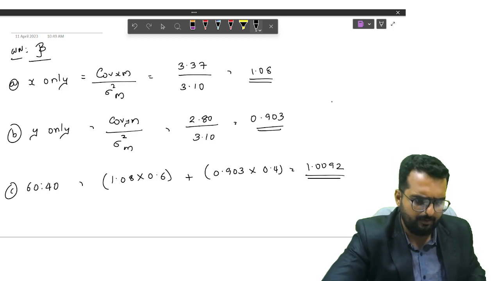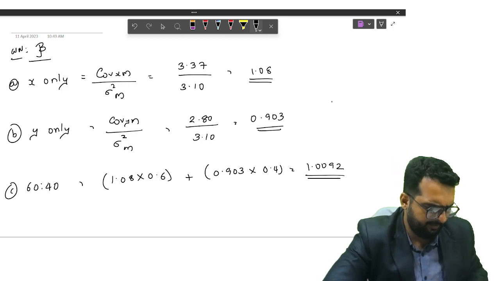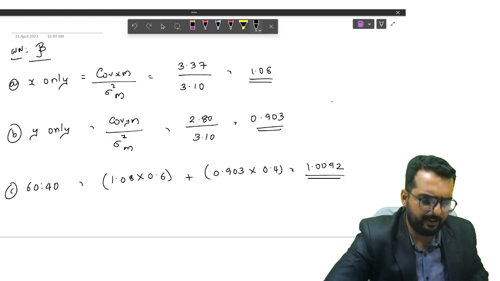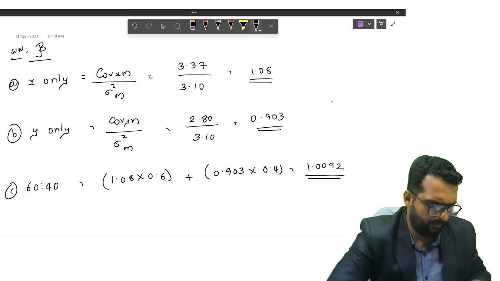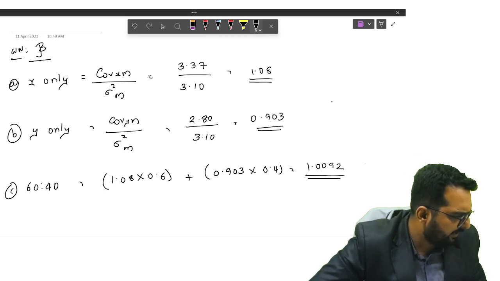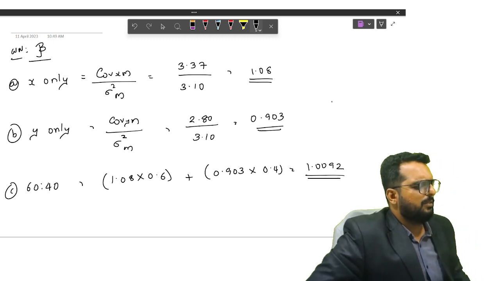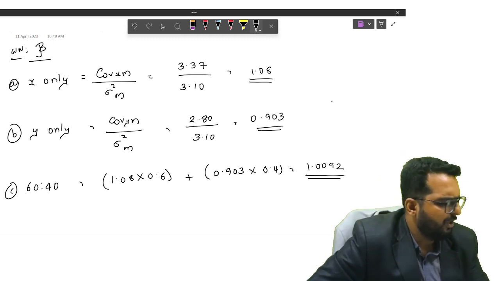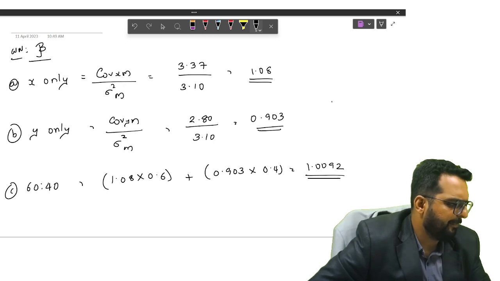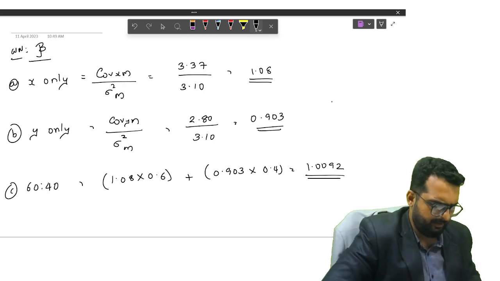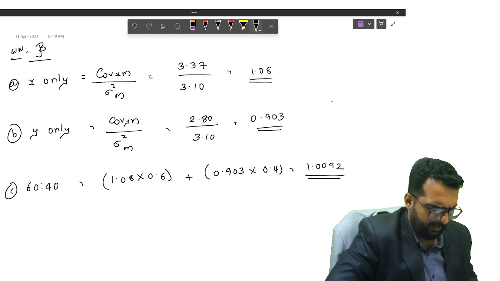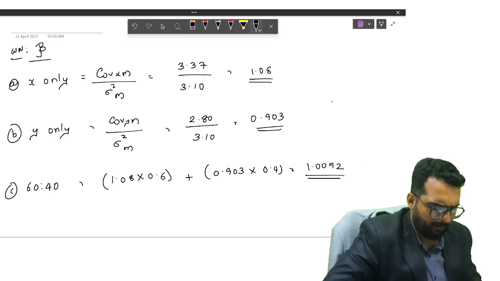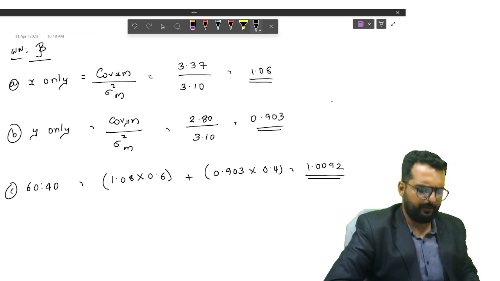The solution answer is slightly different. Just check if there is some calculation error over here. 0.903 into 0.4. 1.0093 only, right? 0.6 into, they have taken 1.087 and 903. It's a rounding off difference, then it's okay, nothing wrong in that. If rounding off is the issue, then there is nothing to be worried about. Okay, it's a rounding off difference, that's fine.